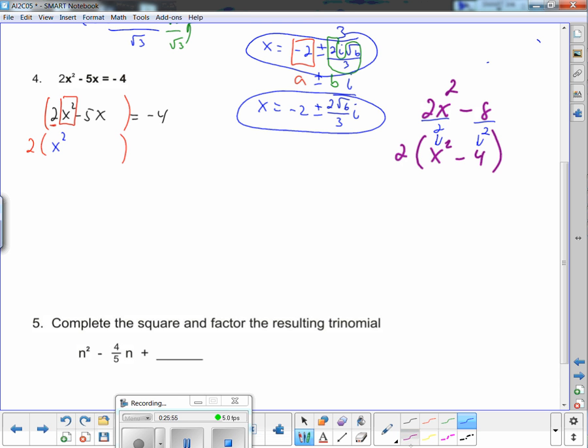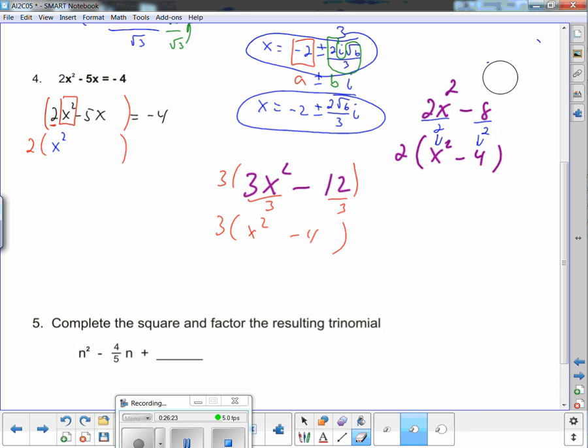You know, and you can do this, you know, if you had a 3x squared minus 12, if I want to factor out this 3, okay, I know this is x squared minus 4, but again, I can get that, and really, technically, you're doing this. Doesn't that give me x squared minus 4 if I divide both terms by 3? Okay, so with that information, can you then factor what we have here?